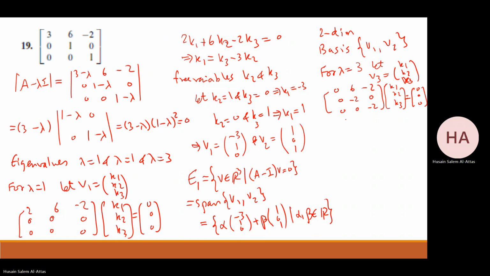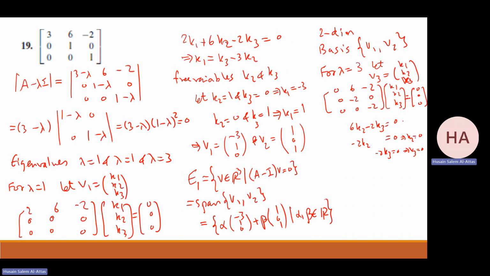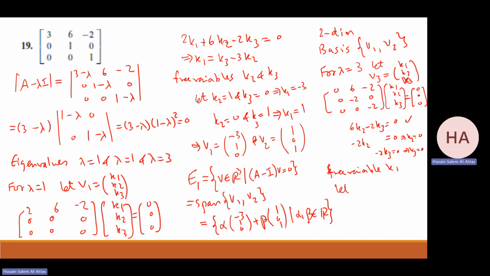So I have 6k2 minus 2k3 equals 0, minus 2k2 equals 0, minus 2k3 equals 0. So I have k2 equals 0 and k3 equals 0. That's okay with the first one. So k1 is my free variable; there's no restriction on k1. So I let k1 be 1. So it is my V3: 1, 0, 0.